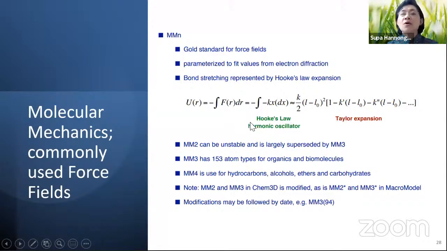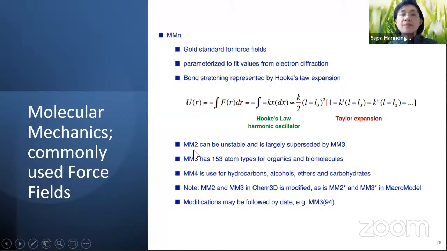Here is the Hooke's law harmonic oscillator, which we know already, and also the Taylor expansion of the term. This is a very fantastic mathematical method, Taylor expansion. Very efficient for solving equations in quantum mechanics and also molecular mechanics.